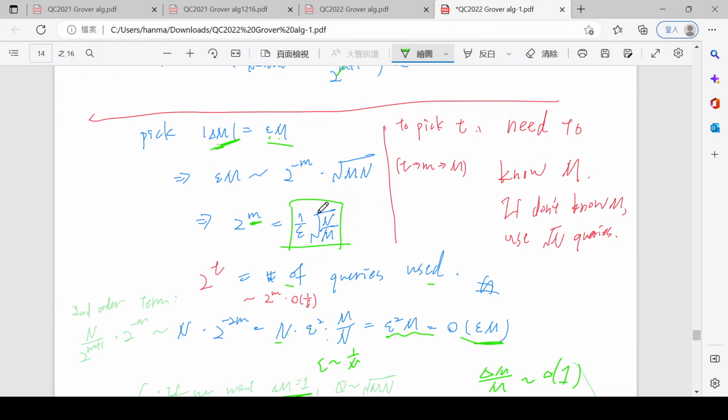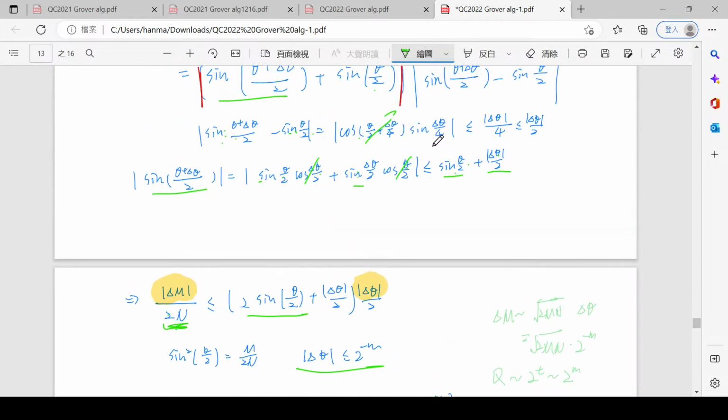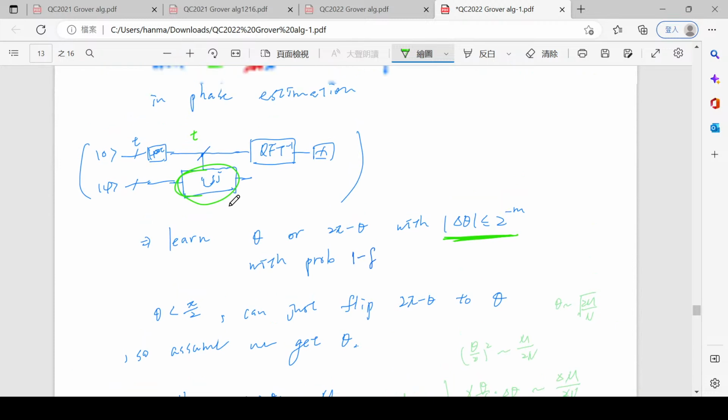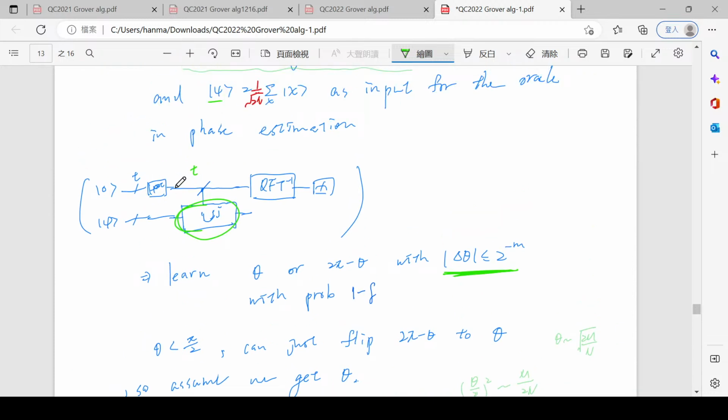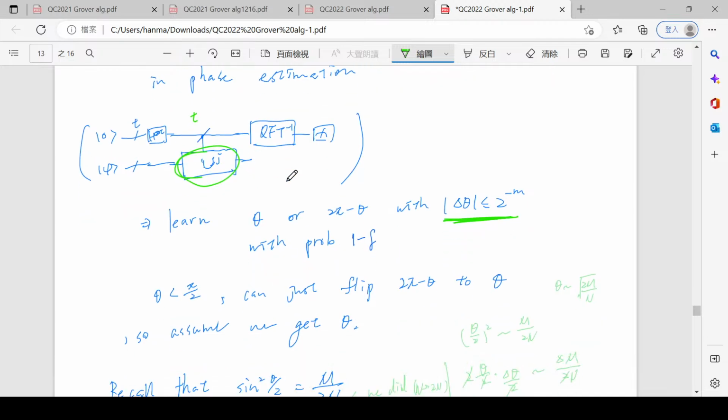this exact scaling, then it's a bit tricky because everything is related, right? When you want to do this, you need to know your t. You need to know how much precision you want on your phase estimation.